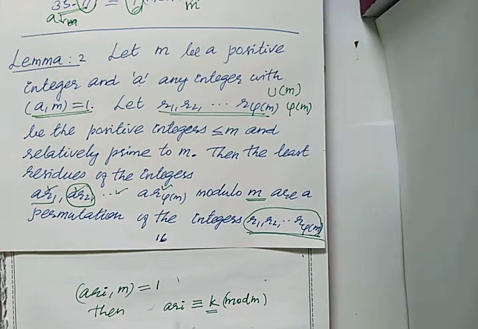Okay, let us see how it is. Suppose ARi is congruent to K mod M, where K is the least residue modulo M.